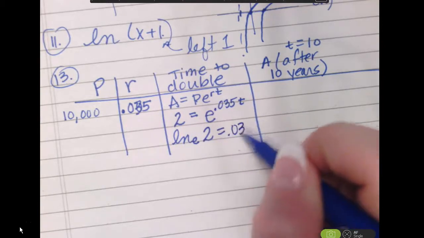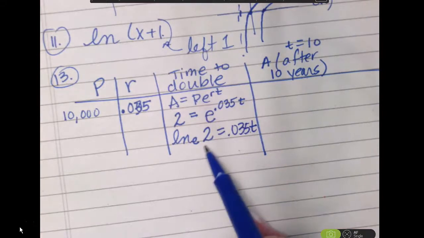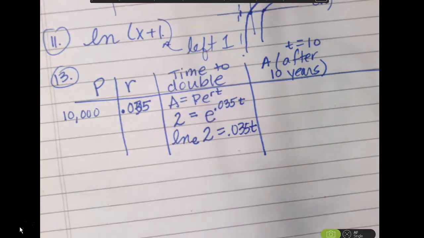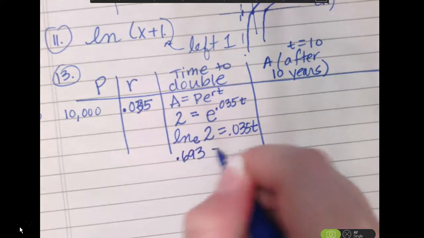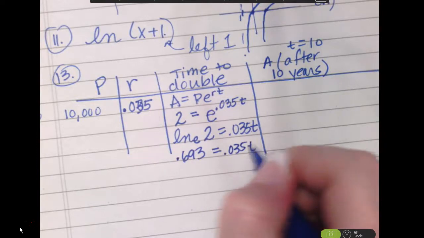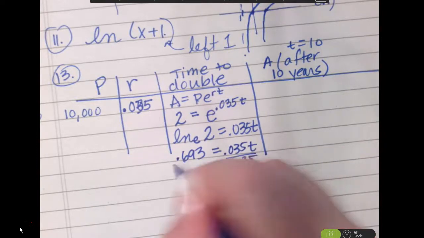The natural log of 2 is going to be 0.693, which equals 0.035t. So I just need to divide that out to find my answer.